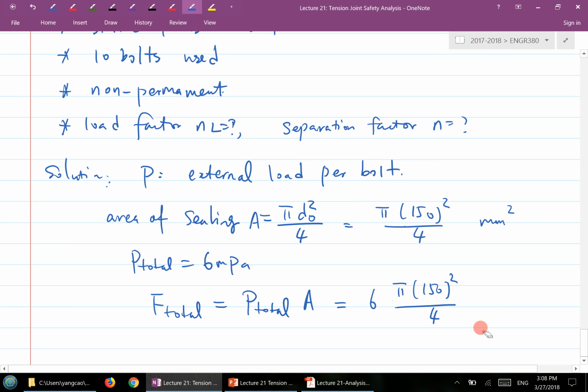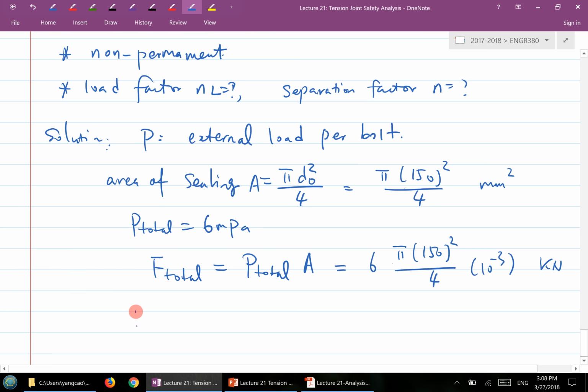It's probably too big, so you could multiply by 10 to the power of 3 and get kilonewton. Once we find the total force, the individual load on one bolt is the total force divided by 10, which gives us approximately 10.6 kilonewton. This is the one that you will actually use for your safety analysis.